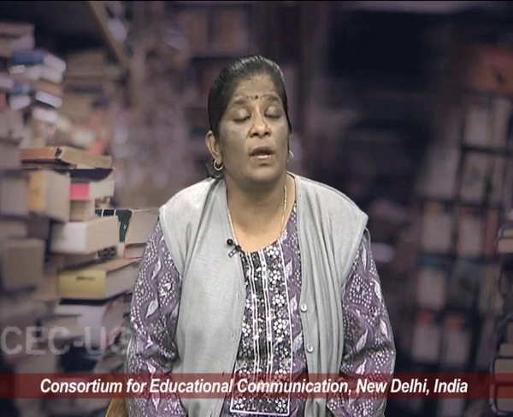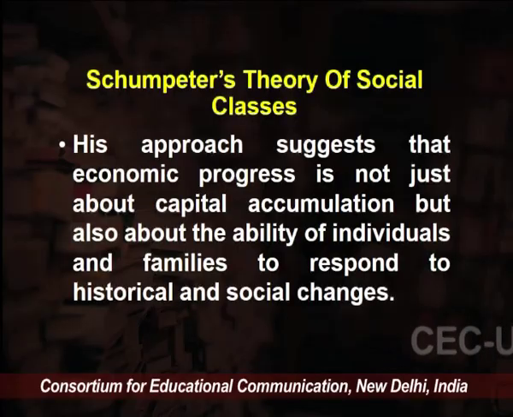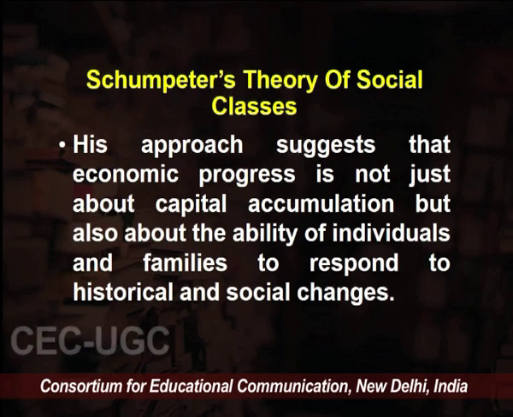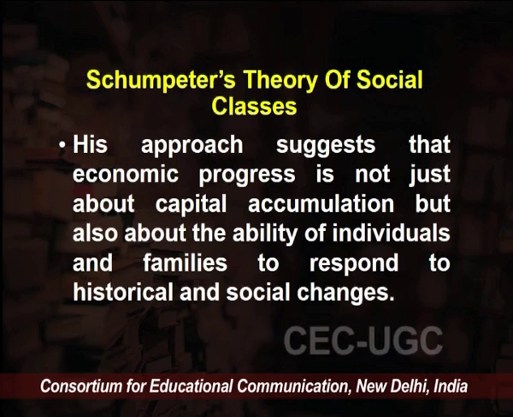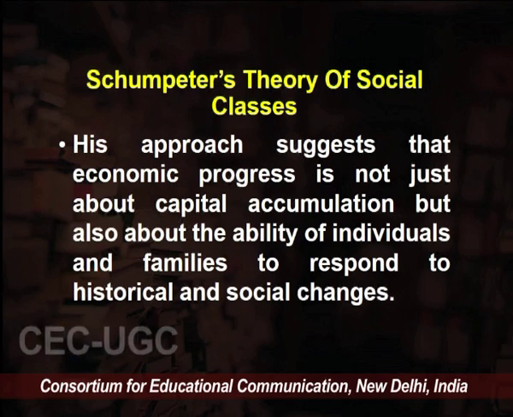Schumpeter is trying to focus on the leadership quality of the individual of a particular group who can have that capacity to move ahead or be upwardly mobile. His approach suggests that economic progress is not just about capital accumulation, but also about the ability of individuals and families to respond to historical and social change.